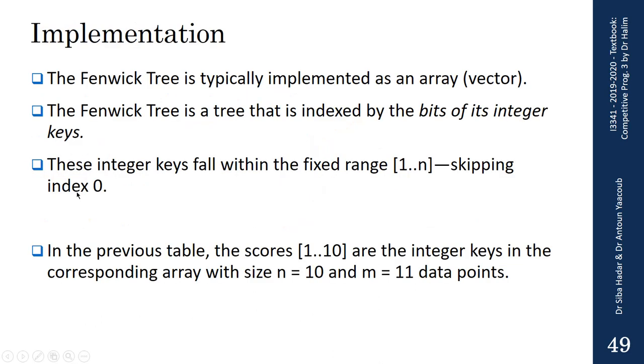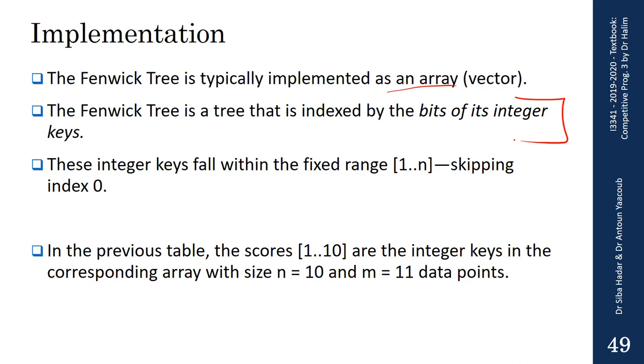So how will we do that? In the Fenwick tree we'll also use an array, a simple array. The trick here is how we use the indexes: the tree will be indexed by the bits of its integer key. Wait a little bit and I will explain it in the next slide.